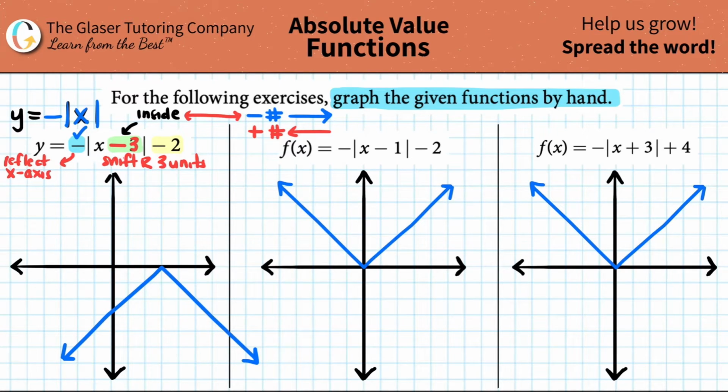Now let's address this -2. If I draw this down here, just so that we have all the notes, these are outside shifts. Outside shifts will always shift a graph from top to bottom, okay?